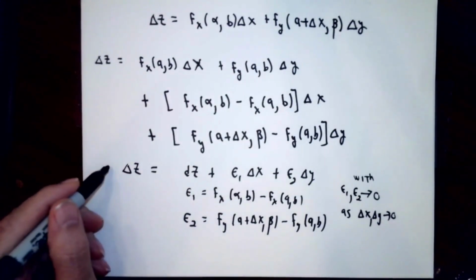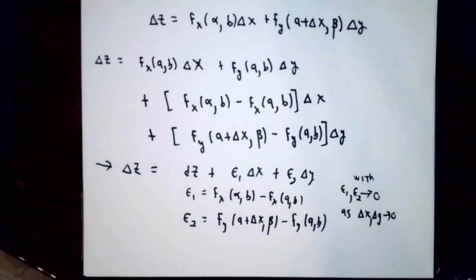So not only do I know that I can write the delta z in this format, I can also tell you that as delta x and delta y tend to 0, the epsilon 1 and epsilon 2 tend to 0, and that's the definition of the function being differentiable there.